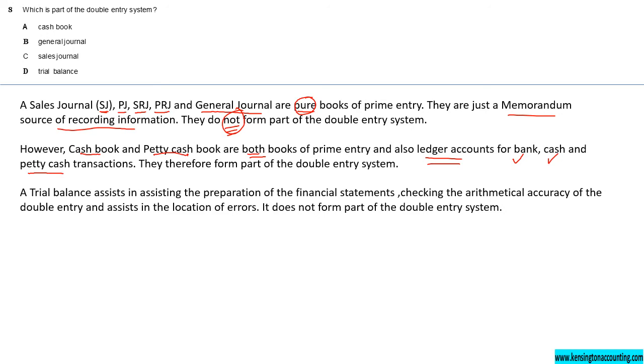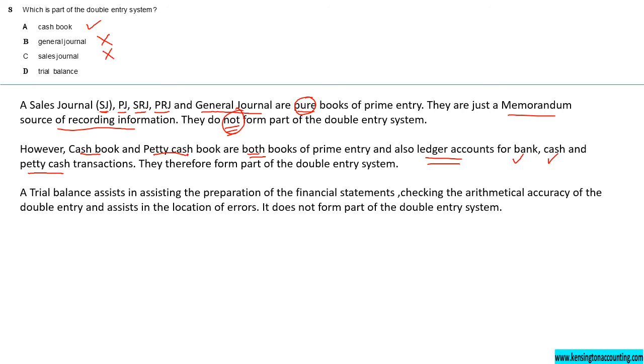Therefore, the cash book and petty cash book both have a dual role of being books of prime entry and also a ledger account in the double entry system. Going back to the question, A, which is part of the double entry system, cash book, yes. General journal, no, it's a pure book of prime entry. Same for sales journal.